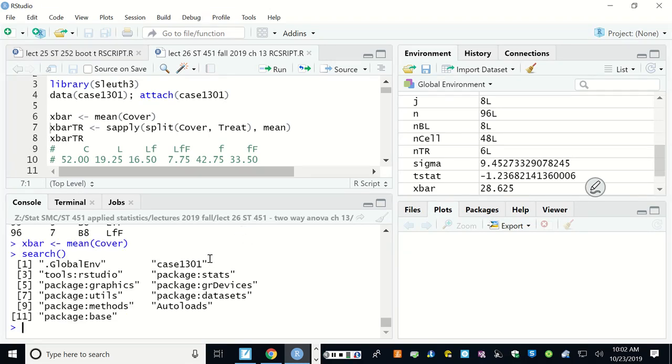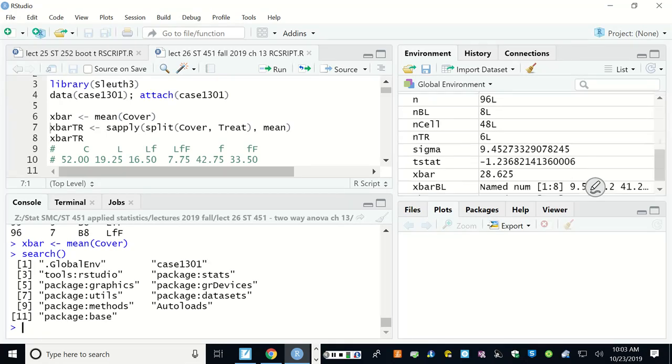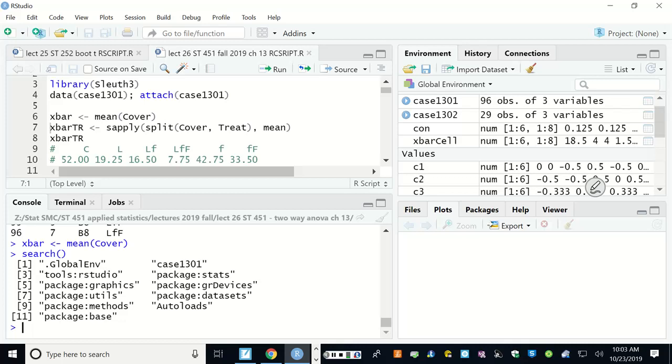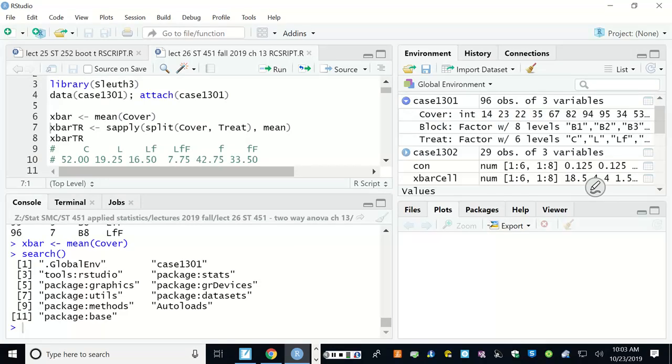There's a few standard things that are there, standard statistics, standard graphics, standard data sets, standard methods, things that are always there. But now my case 1301 data set is there. So as I use it, if I type any of the cover, block, or treatment, it will know what to do.